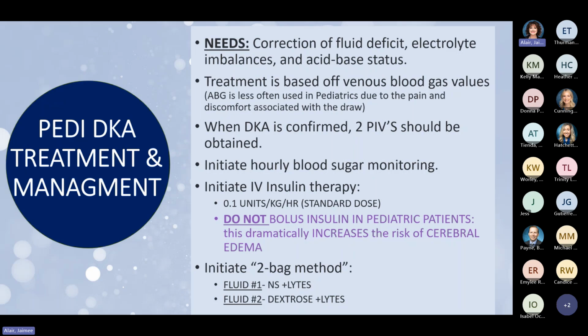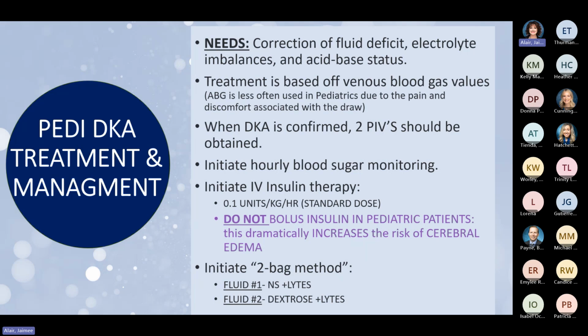When DKA is confirmed based on that gas, 2 peripheral IVs should be placed. This allows us to run the 2-bag method, which is used in pediatrics, and it allows both sites to have different types of fluids and insulin. We'll initiate hourly blood glucose monitoring. In the beginning, we may initiate it a little bit more often to make sure that we're not dropping the sugar too fast. And then IV insulin therapy.